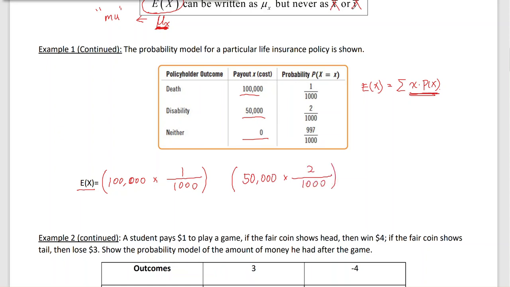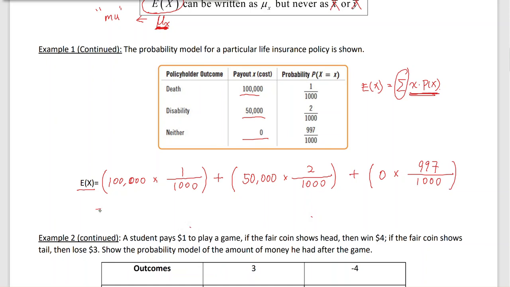The third outcome is 0 times its corresponding probability, 997 over 1,000. And the last step is the summation, so we add up all three terms.